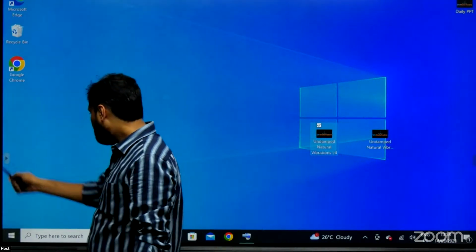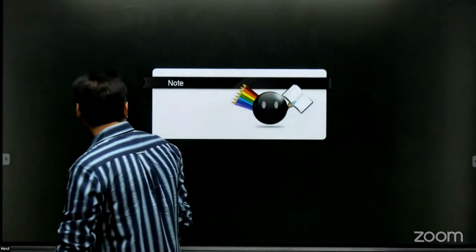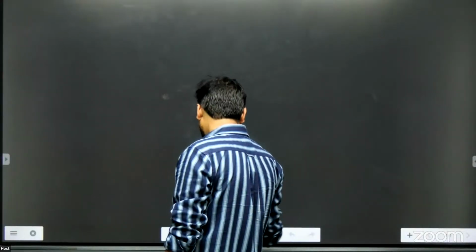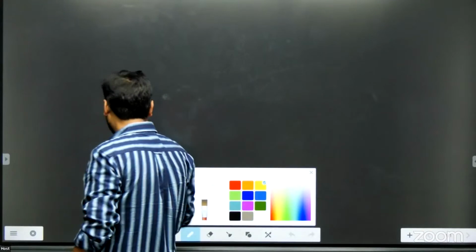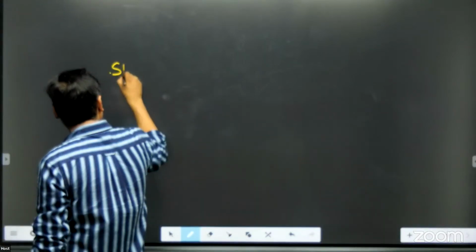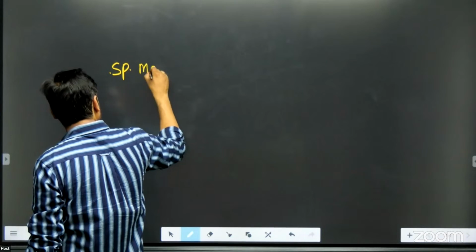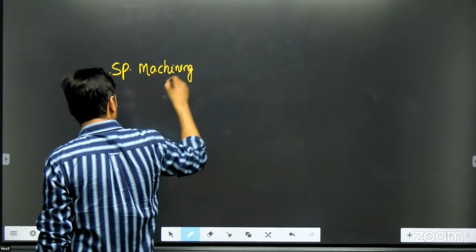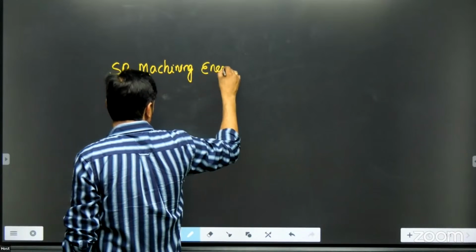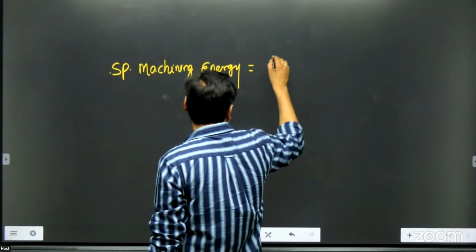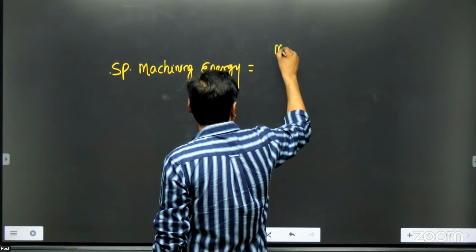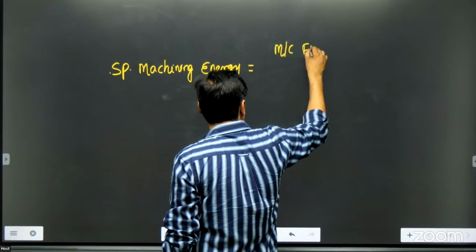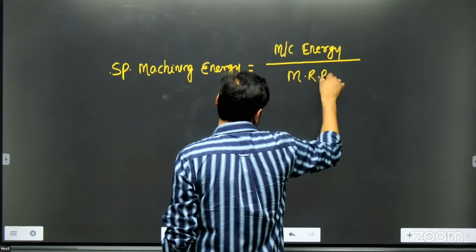So, if you look at the grinding operation, specific machining energy, as I told you, is machining energy per unit MRR.